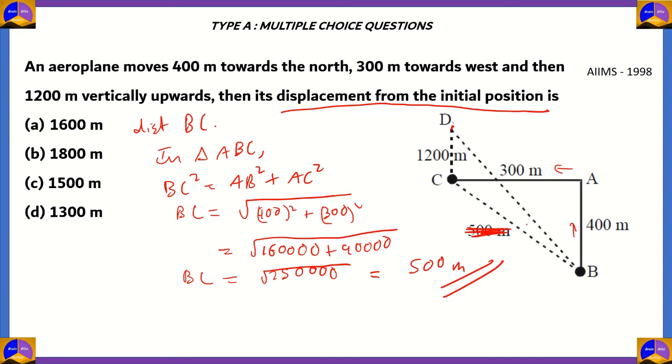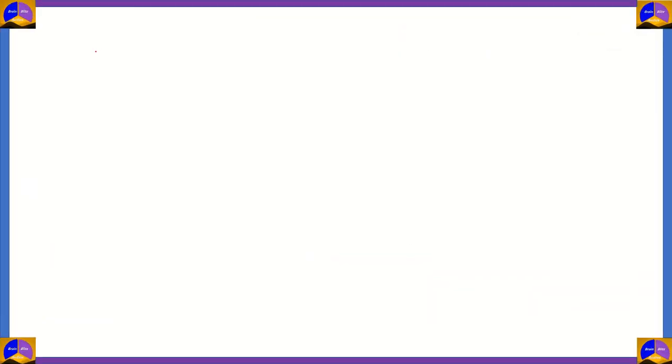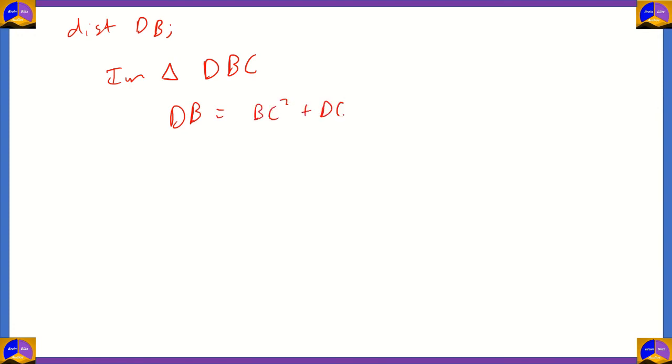After finding BC, we can look at triangle DBC. So for the distance DB, we take the triangle DBC. Therefore, DB is equal to BC square plus DC square, the whole root.